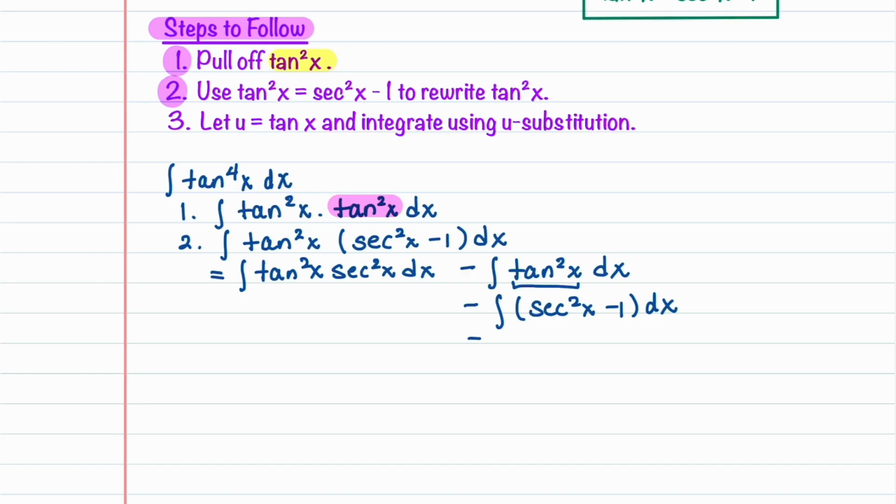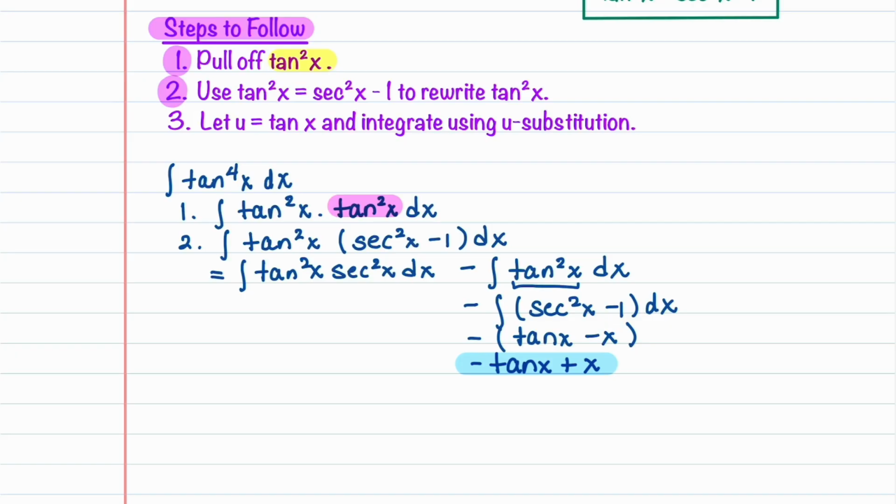This is minus the integral of secant squared is tangent x, and then the integral of 1 or minus 1 is minus x. So let's multiply this negative through. So this is minus tangent x plus x. I'm going to highlight this, and we are going to put that in our pocket and hold on to that until we finish the first integral.